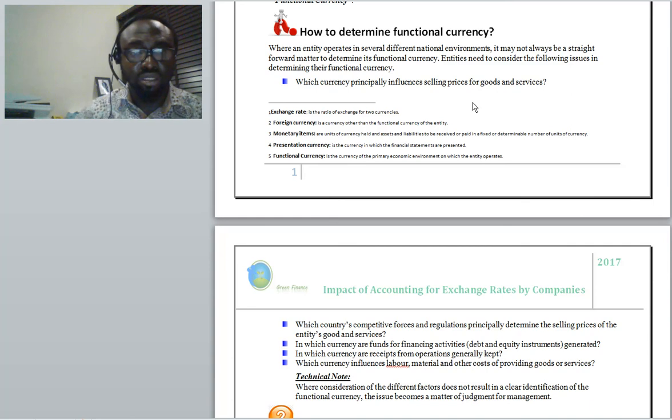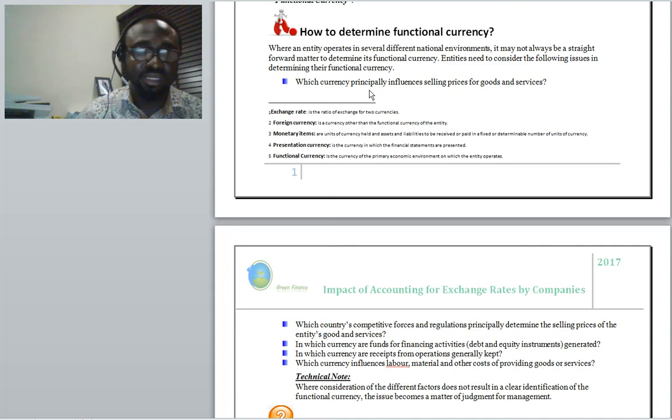The first factor borders on which currency principally influences the selling price of your goods, or if you're a service entity, which currency determines the value of services you have rendered or you're about to render.